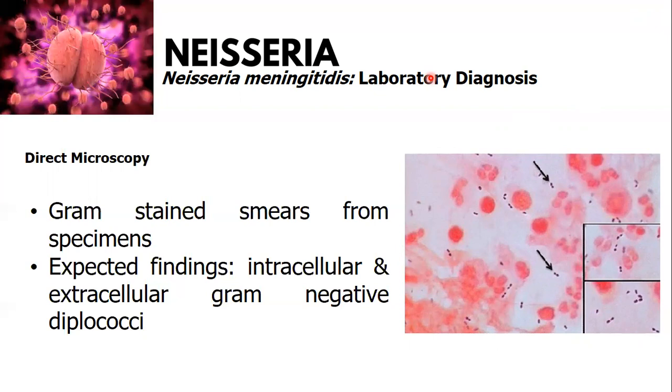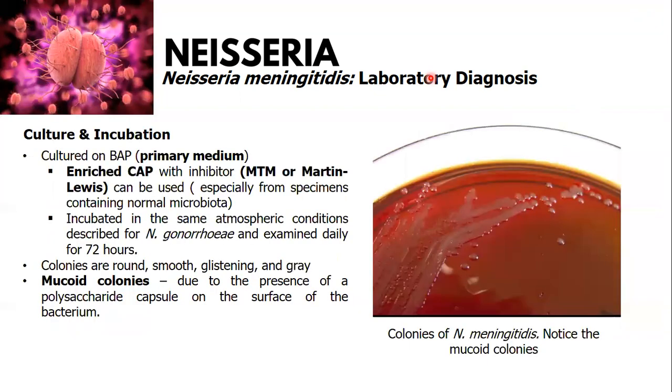And take note that these findings, although they indicate the presence of Neisseria species, are always just presumptive because many bacteria share the same morphology and arrangement, and many bacteria can also exist intracellularly in polymorphonuclear leukocytes. After this, we can inoculate the specimen suspected of having Neisseria gonorrhoeae primarily on blood agar plate.